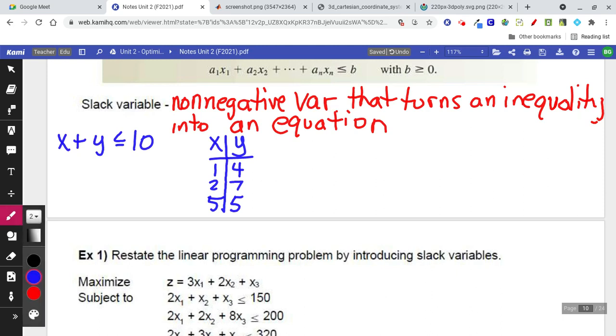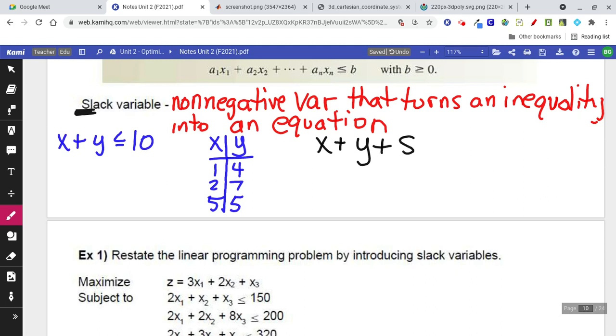But what we're going to do is insert a slack variable. Slack starts with S. We're going to insert a slack variable into that inequality. So we're going to say x plus y plus s equals 10. All we're going to do is put this slack variable into that and make it an equals. We don't want an inequality, we want an equals.